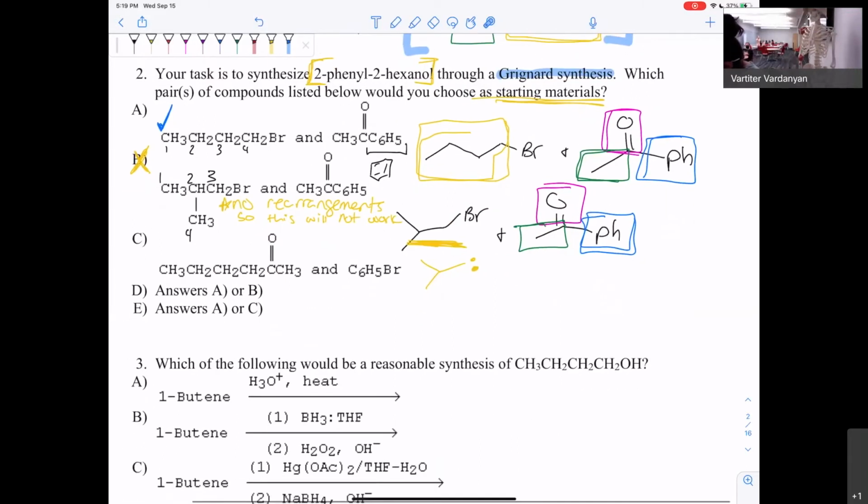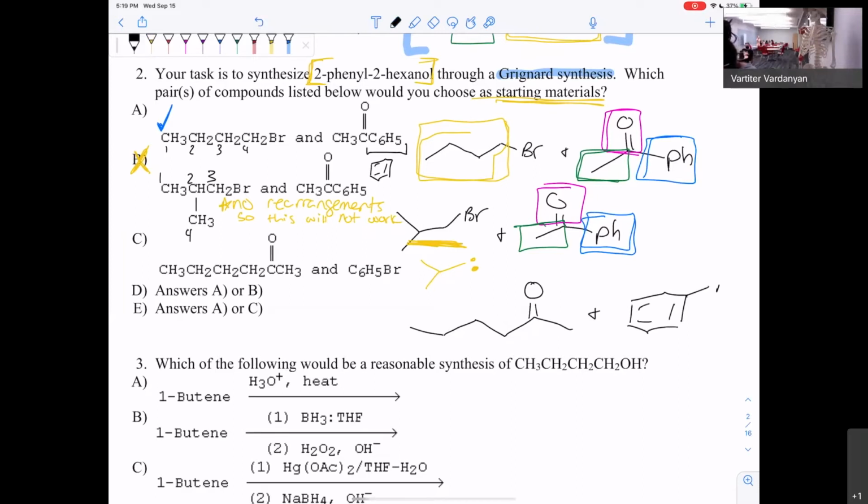Alrighty, for answer choice C, we have 1, 2, 3, 4. Actually, I like to have the carbonyls up. So 1, 2, 3, 4, a methyl on the other side, plus Br.